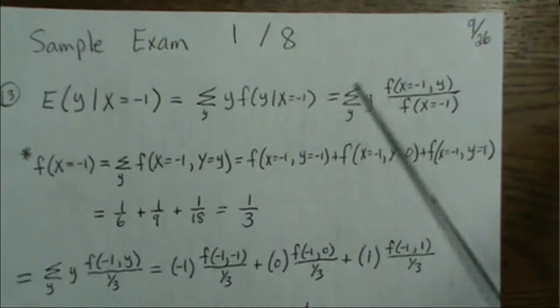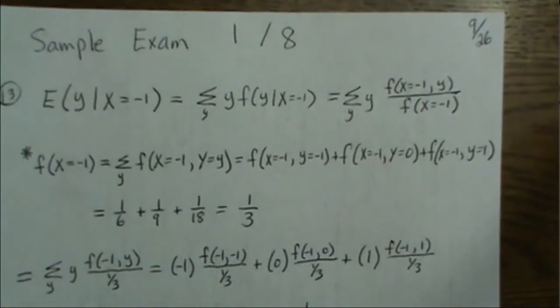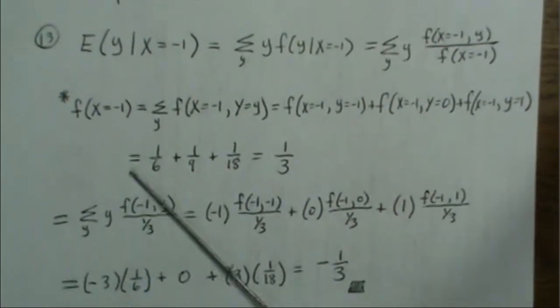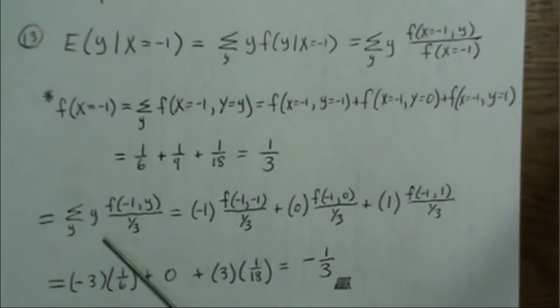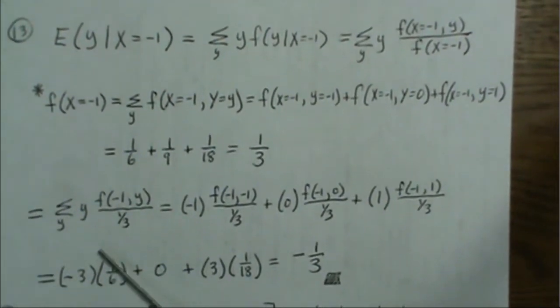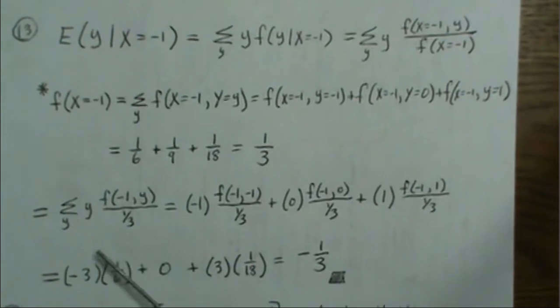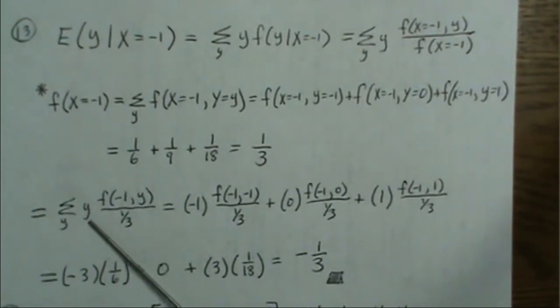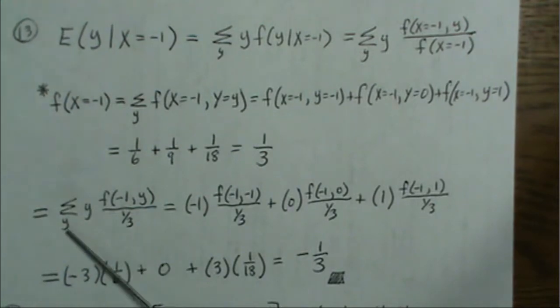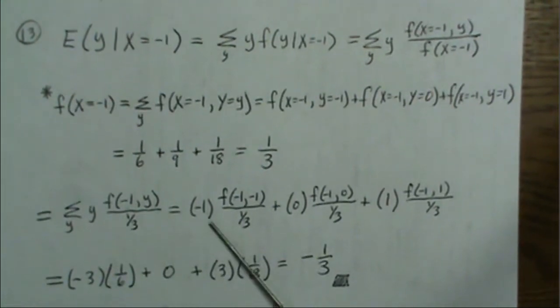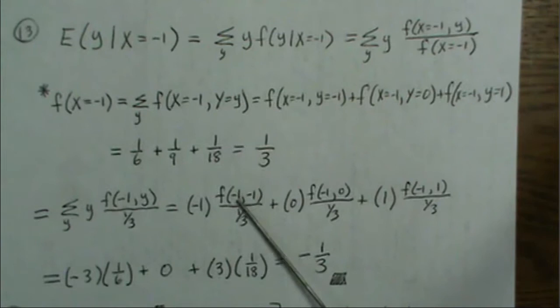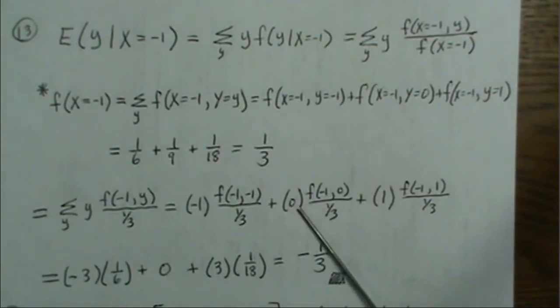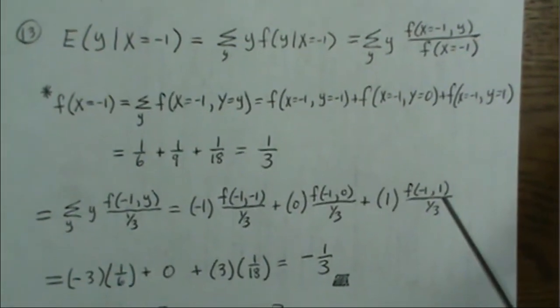Well, now let's go back to this function and come down here. Now there's only 3 possibilities. We plug in 1/3, and now we're going to sum over all y, but there's only 3 possibilities, so let's just plug in each of those. So here it's minus 1, we plug it in, 0, plug it in, 1, plug it in.